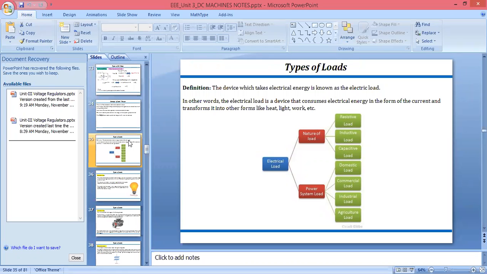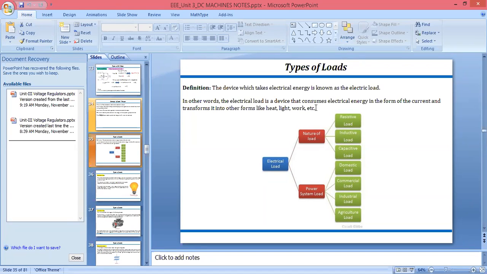So electrical load is the device which consumes electrical energy and converts that electrical energy into other forms, like heat, light, work, etc. If you are using your microwave oven, when we give the power supply, जैसे हम स्विच उसका पावर सप्लाई में कनेक्ट करते हैं, when you turn on the switch, heat will get generated.